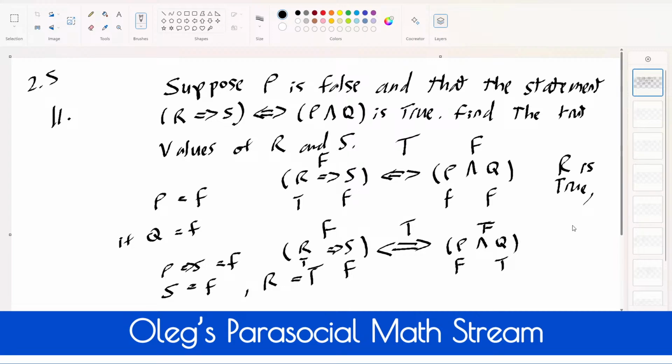R is true. S is false. Find the values of R and S. Okay. I believe that's the correct answer. Let's find out. R is true, S is false.